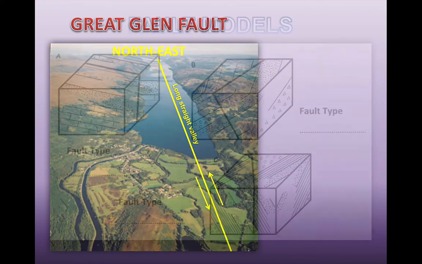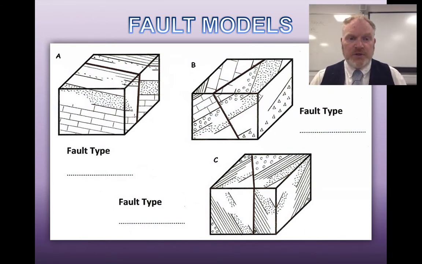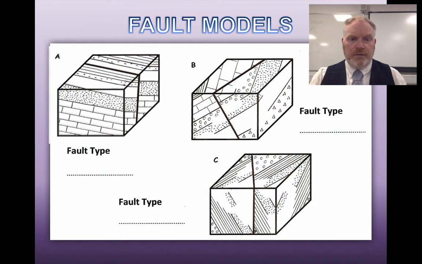The last part of this question then asks you to complete these diagrams that have been a little bit, well, poorly photocopied, to be honest. If we complete diagram A, we see a structure like that. We can see there the hanging wall of that fault has been downthrown, so it's a normal fault.